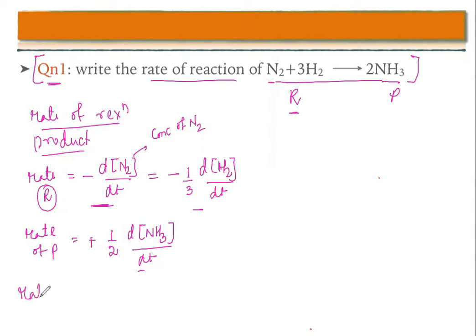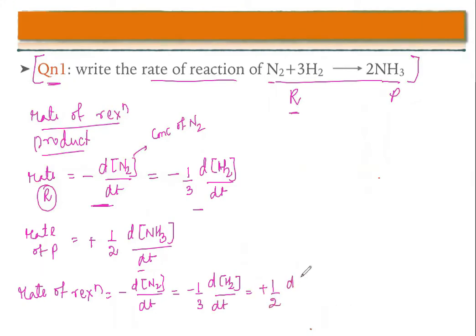So rate of the reaction, we can write, the total chemical reaction, that is negative d N2 divided by dt is equal to minus 1 by 3 d H2 divided by dt is equal to positive 1 by 2 d NH3 divided by dt. Now a bigger question is, what are these dH2 by dt?